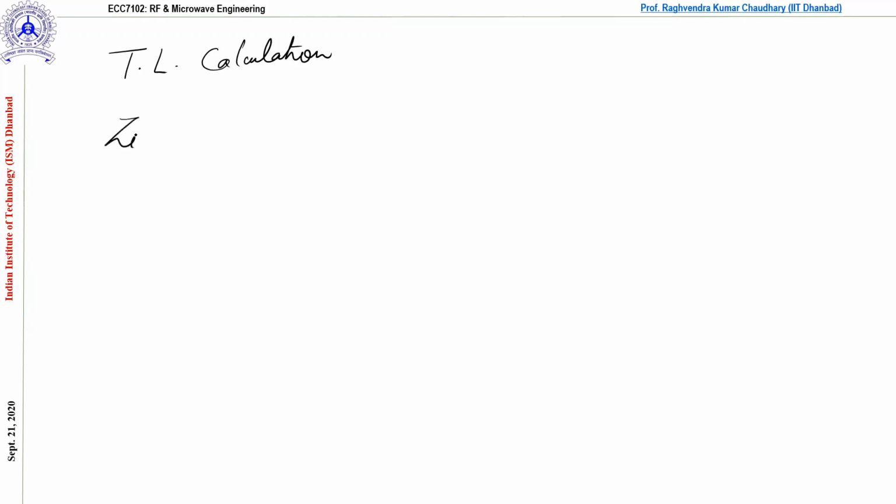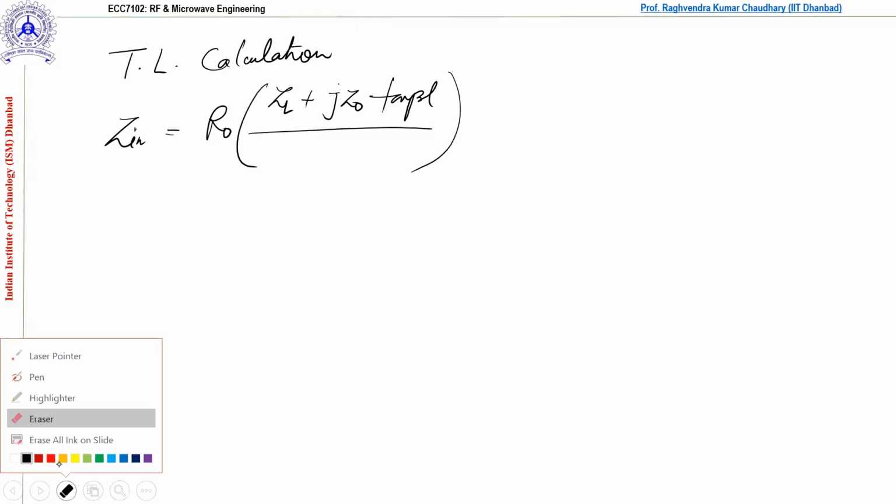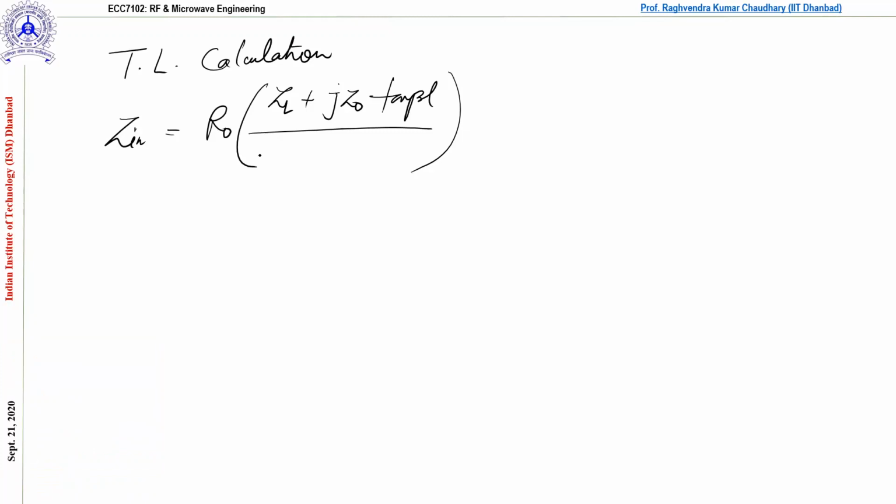The input impedance is given as Z_in = Z naught times (ZL plus j Z naught tan beta L) over (Z naught plus j ZL tan beta L). Fine. This is for a lossless transmission line.